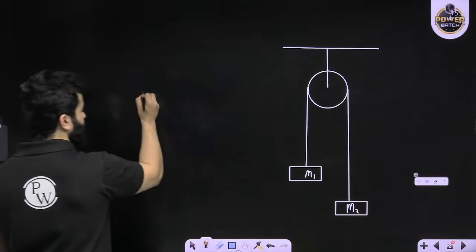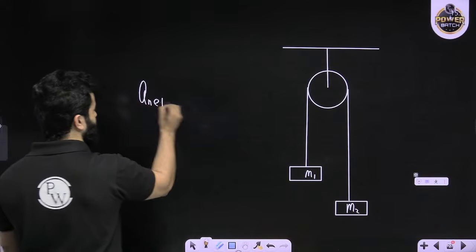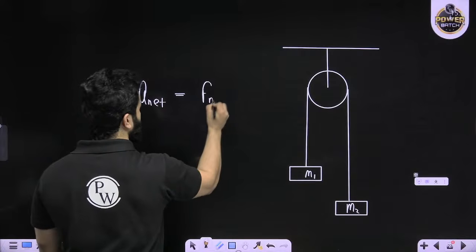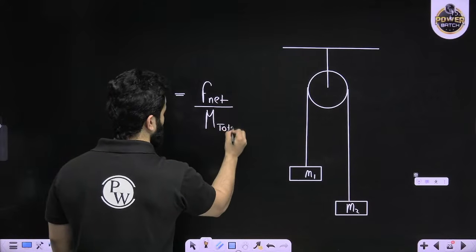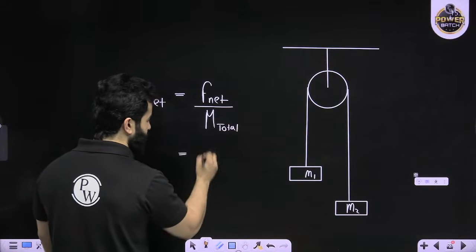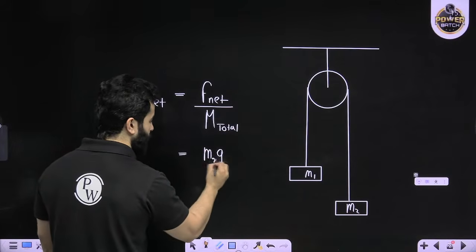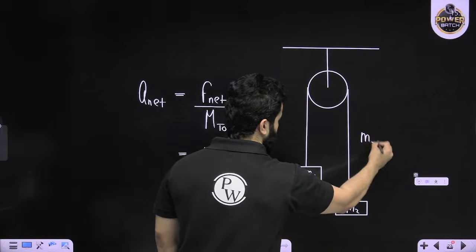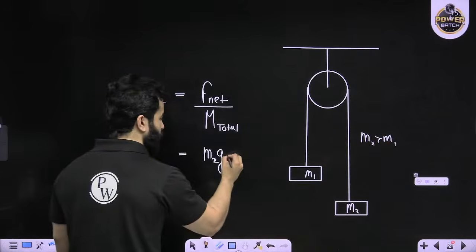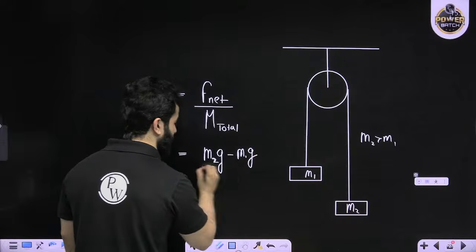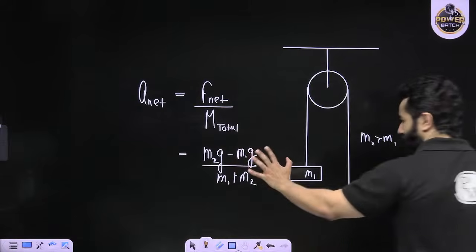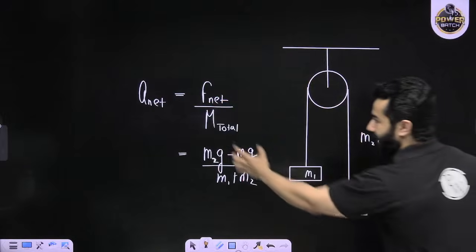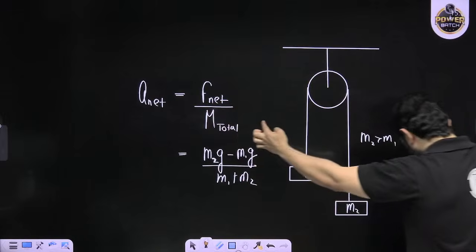So we simply write down the net acceleration as net force divided by total mass. So net force is M2G. Let's suppose M2 is greater than M1. M2G minus M1G divided by M1 plus M2. So exactly same thing I have done over here. Please see, A net is F net divided by M total.